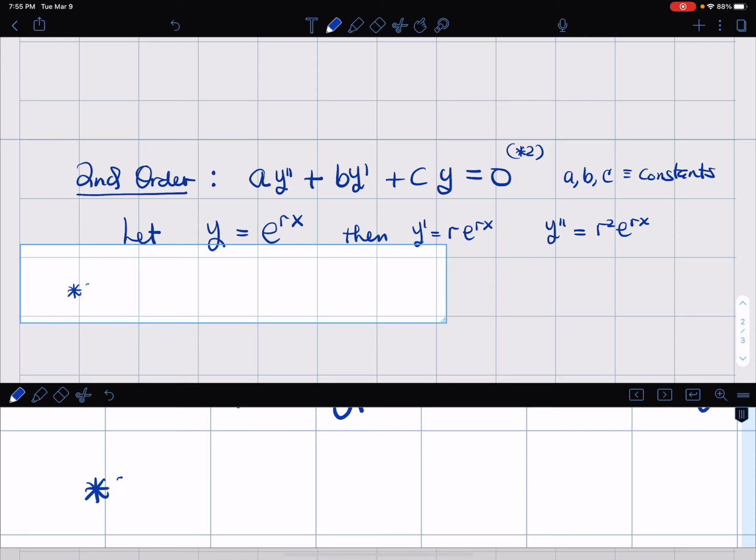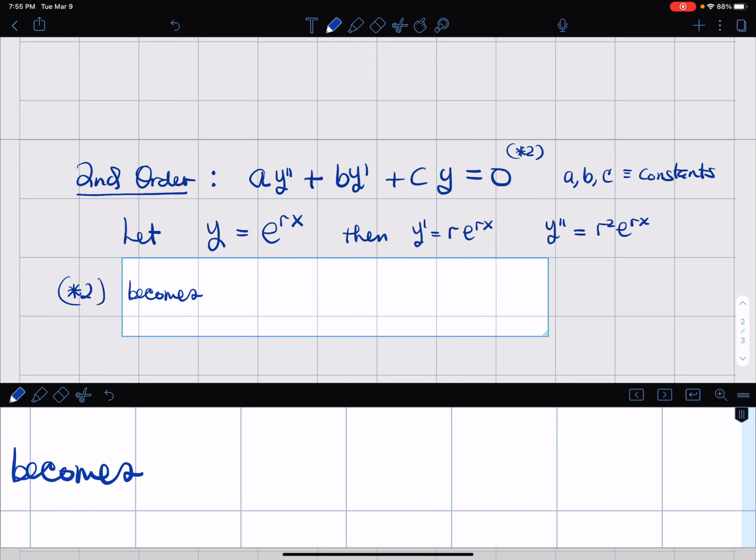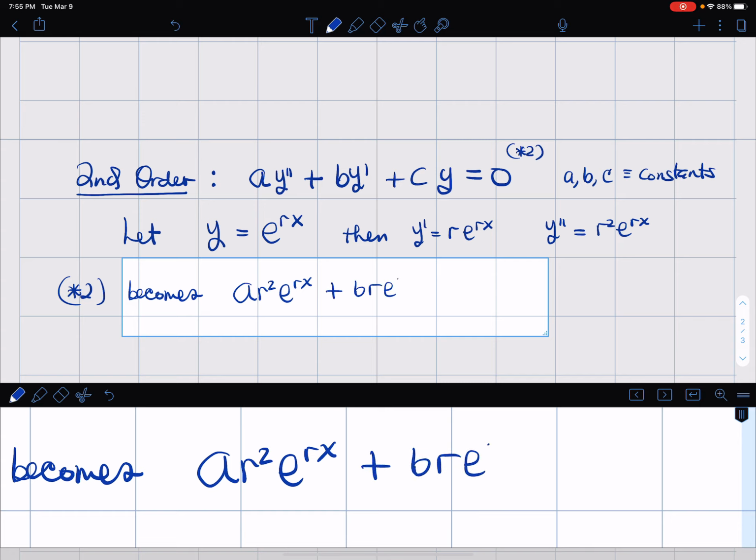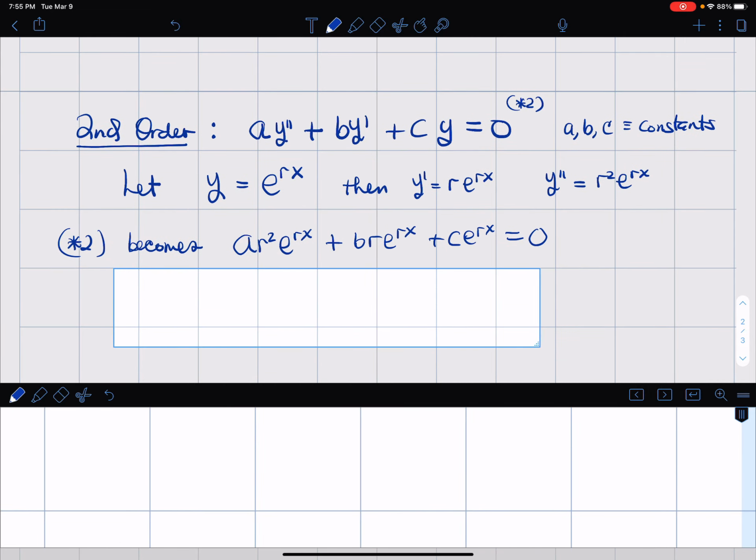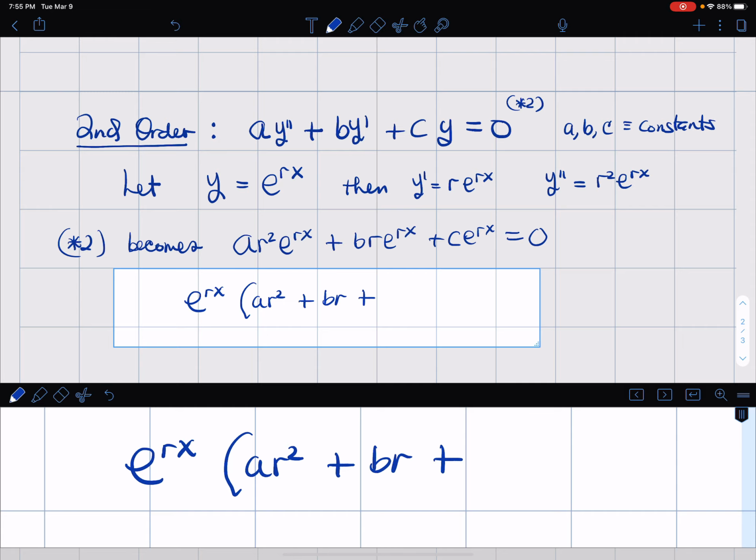So asterisk 2 becomes a r squared e to the rx plus b r e to the rx plus c e to the rx is equal to 0. Now, you can factor out e to the rx. Then we'll be left with a r squared plus b r plus c is equal to 0.